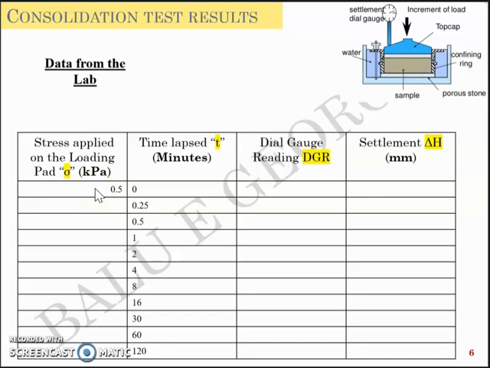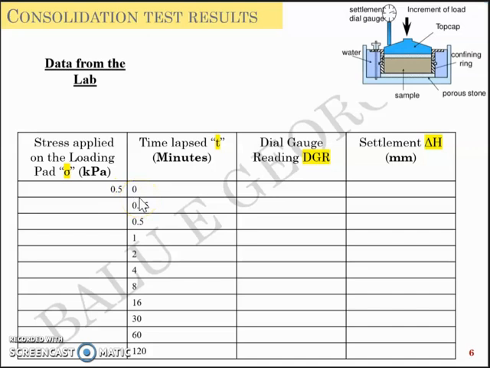Initially you'll have a stress applied on the loading pad, the first one being the seating load, let's say 0.5 kilopascal, just an example by the way. You'll be given a stopwatch, and time t equal to 0 means the time at which you have placed the stress on the loading pad.